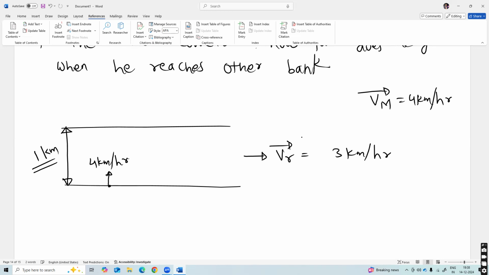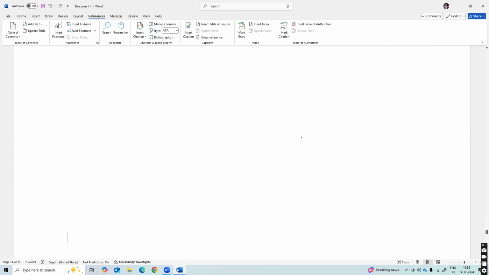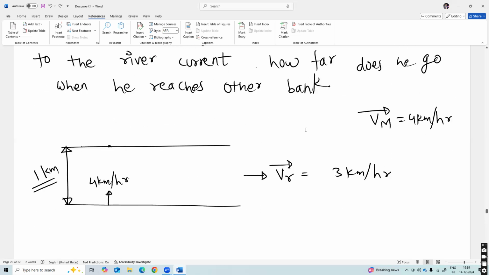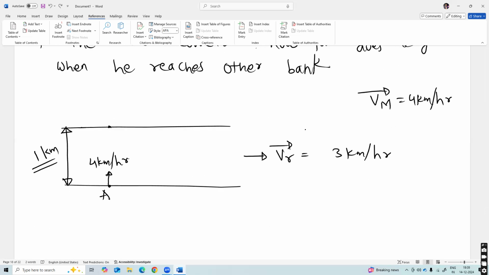Now we have to find the time to reach, let's say this point is A, point B, basically the other bank of the river. They are asking the time taken by this person to reach the other bank.